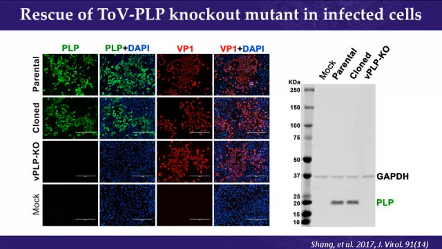The viable recombinant virus was recovered from cell culture and, using our monoclonal antibodies, as you can see, this is the IFA staining result. The Western blot results also show the successful knockout of the PLP expression from the recombinant virus.